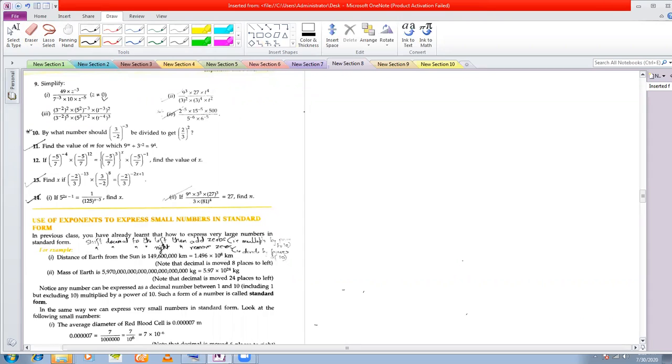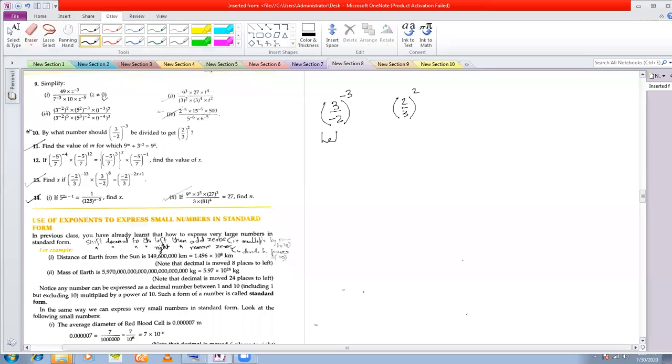So the next question is, by what number should (3 by minus 2) to the power of minus 3 be divided to get (2 by 3) square?